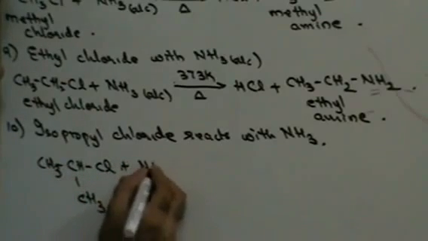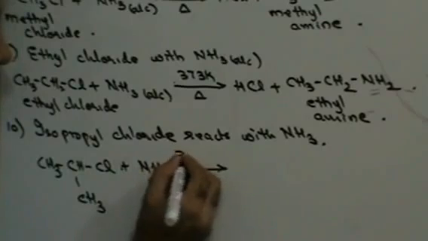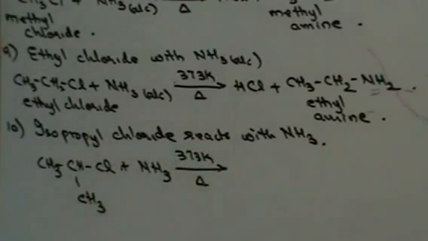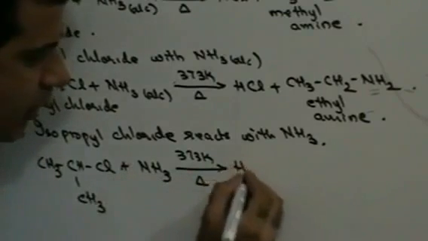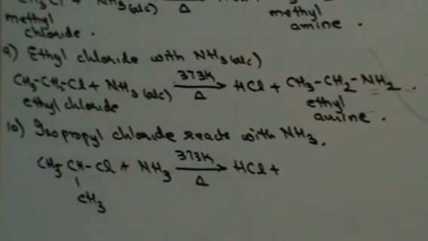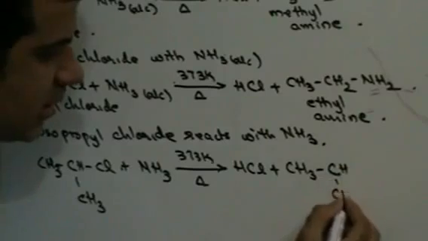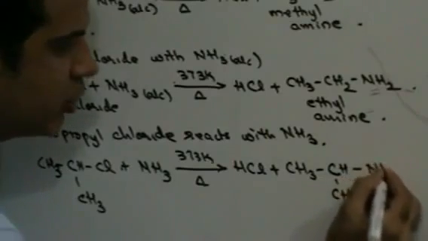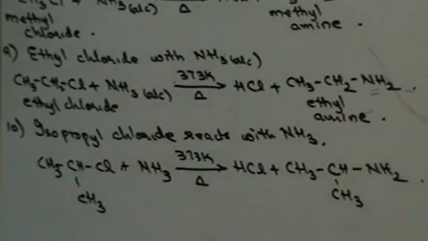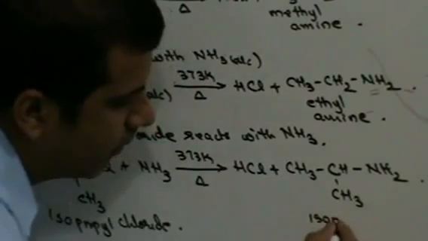Isopropyl chloride reacts with ammonia, 373 Kelvin heat, right? Now, hydrogen will react with chlorine to give you hydrochloric acid. This will give you CH3CHCH3NH2, right? So this is isopropyl chloride, this is going to give you isopropylamine.